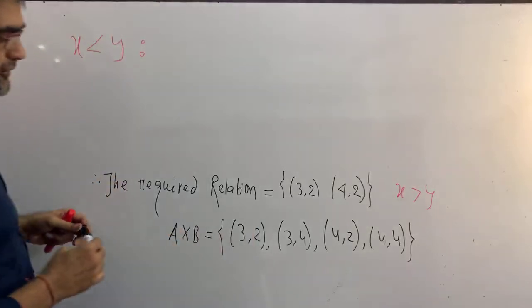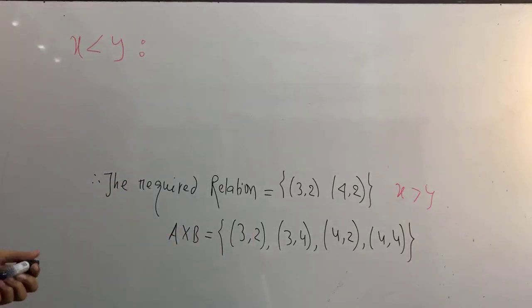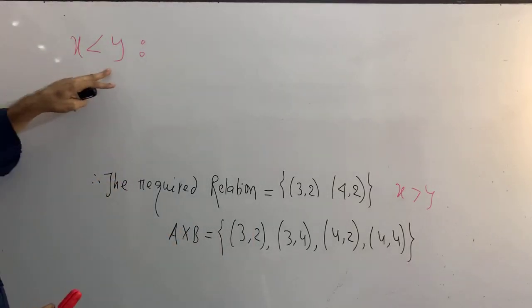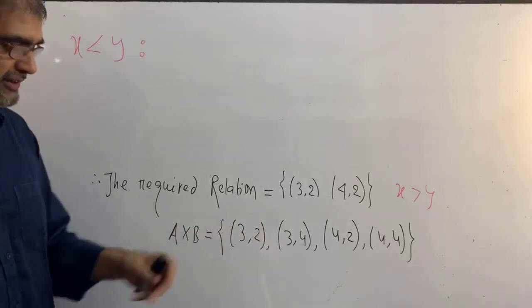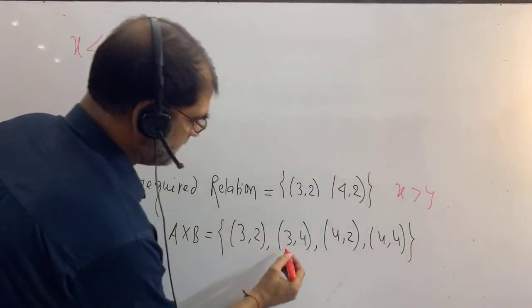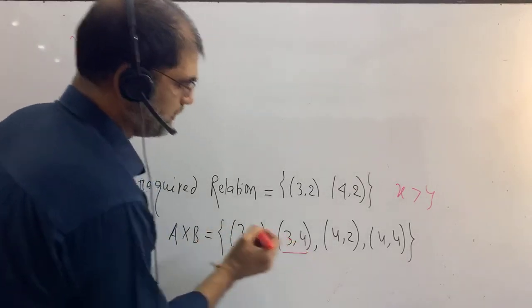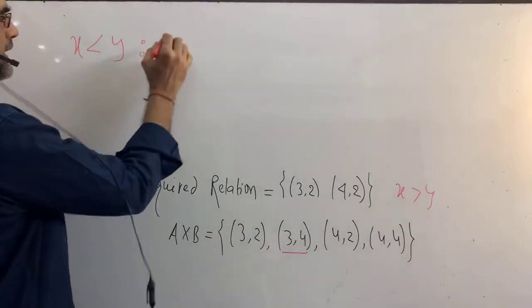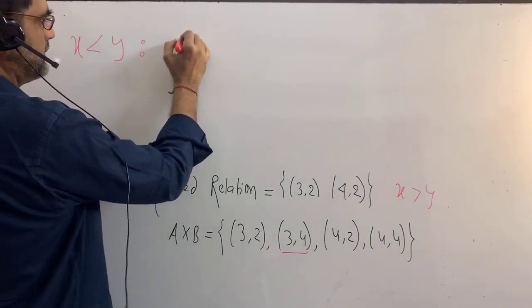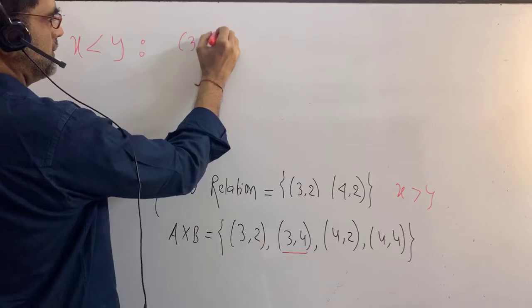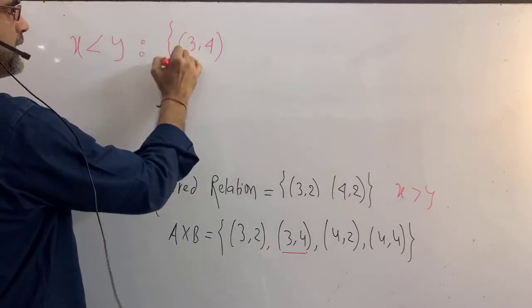My question is, if it is given x less than y, then what would be our answer? You see, here the first one is less than the second one, so we will get our answer: 3 comma 4. We have to give it in second bracket, right?